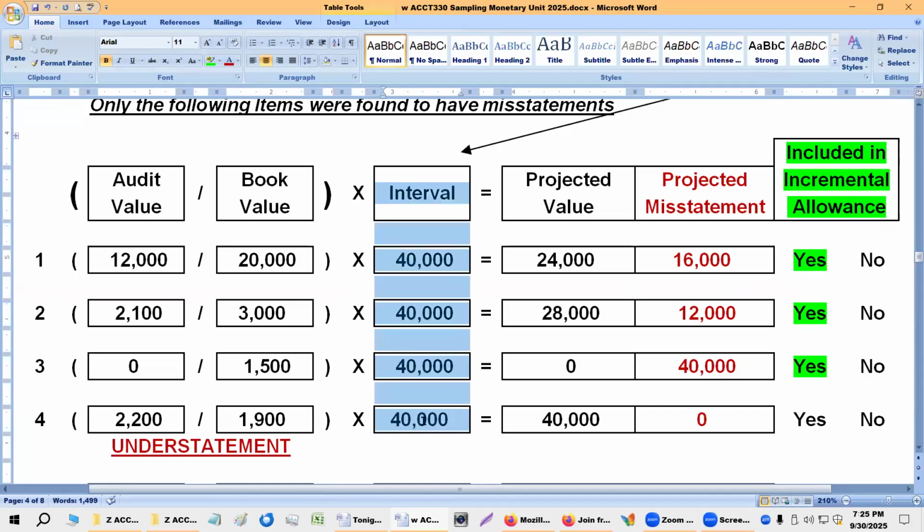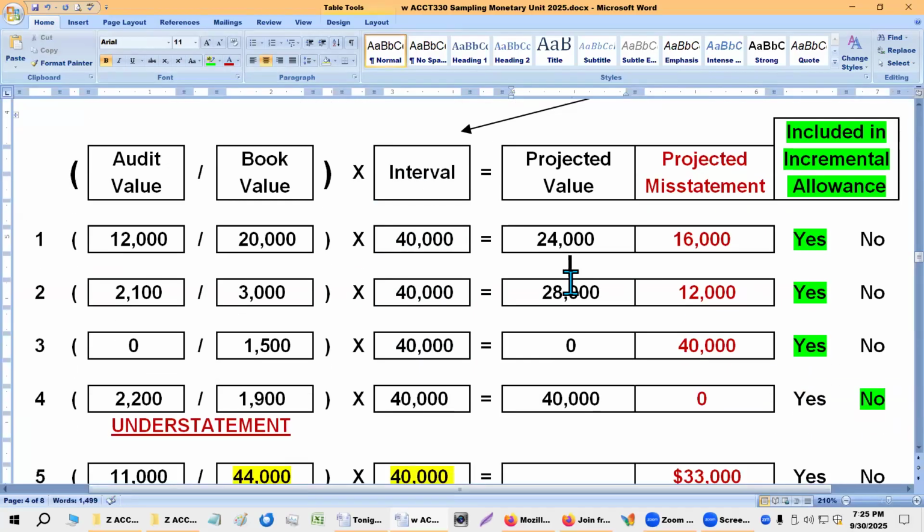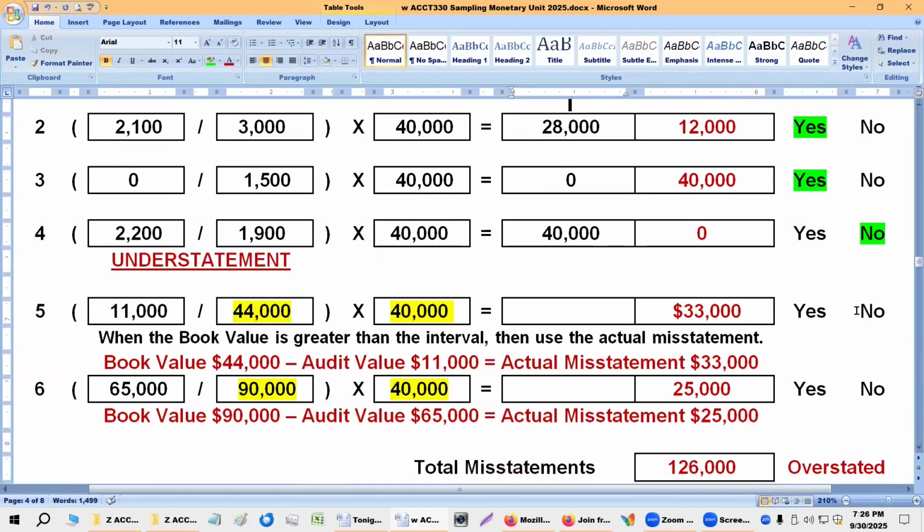There could be more wrong here. Number 4, there's nothing wrong with number 4, so we ignore it. We say everything's fine. We don't worry about that one. And coming down here, these last three, including these last two, are no's. This interval could not get any worse. It's covered completely by the 44,000.